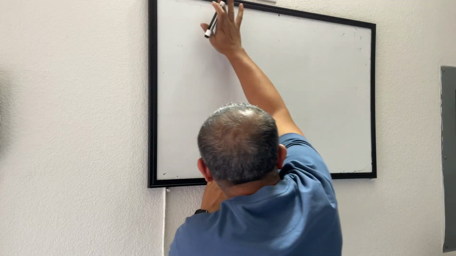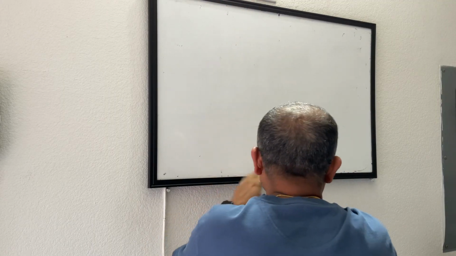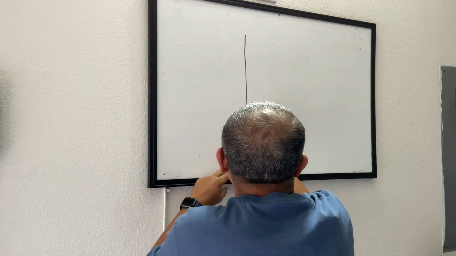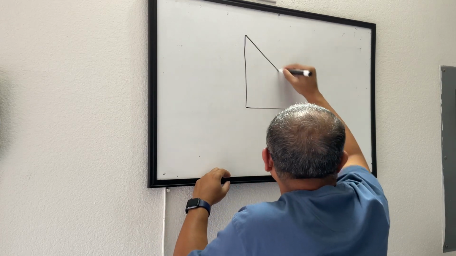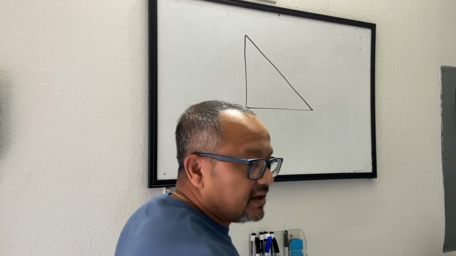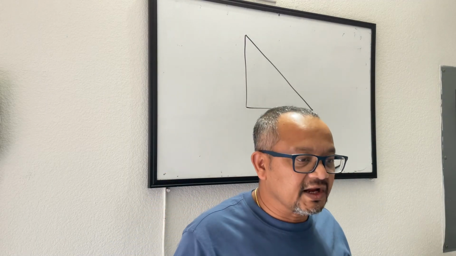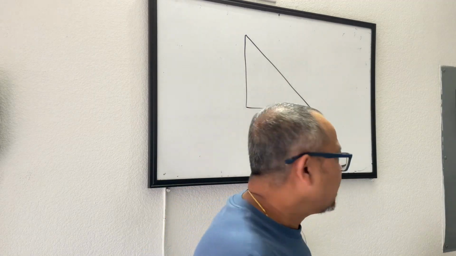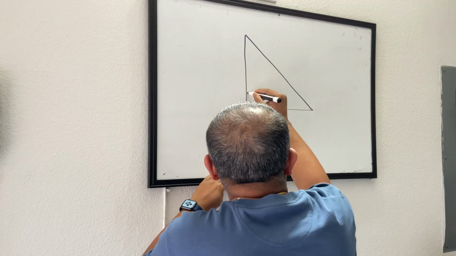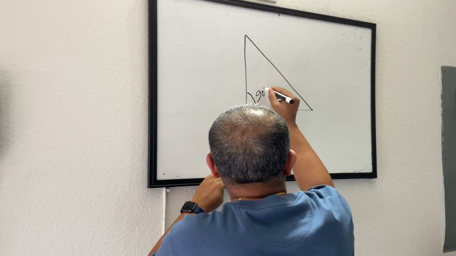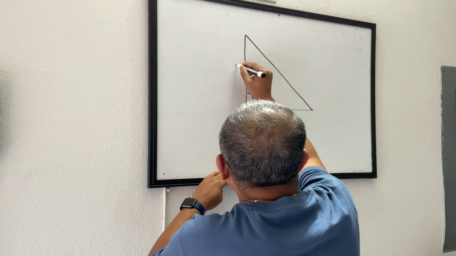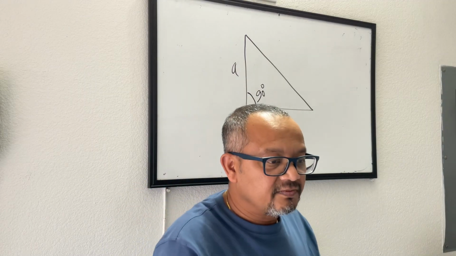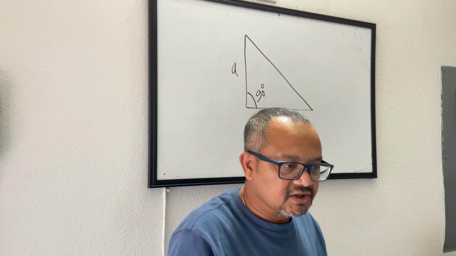Pythagorean theorem is given or derived for a right angle triangle or right triangle, whatever you call it, where when I say right angle, I'm talking about one angle being 90 degrees, and these are the two sides between which the angle of 90 degrees is formed.